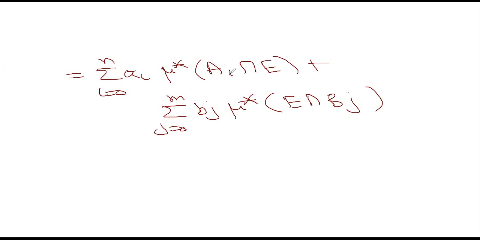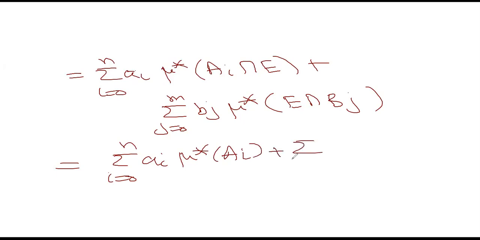But each a_i is a subset of E and each b_j is a subset of E. So therefore, this is equal to summation i runs from 0 to n, a_i mu star of a_i, plus summation j runs from 0 to m, b_j mu star of b_j. Since a naught is equal to 0, this sum can be written as i runs from 1 to n because the first term is equal to 0, and the first term of this sum is also equal to 0.